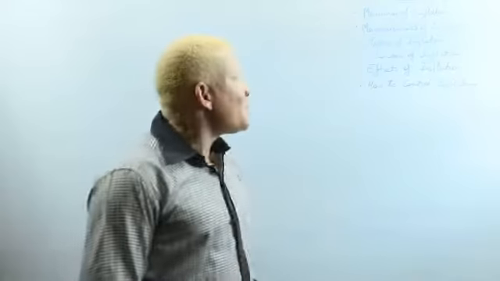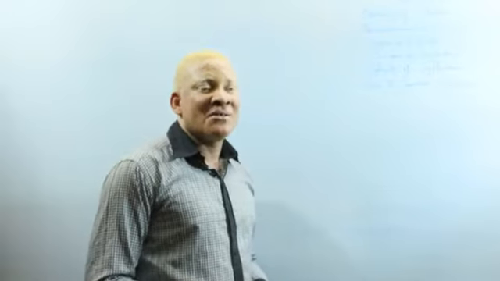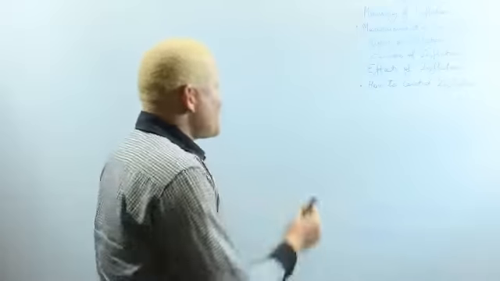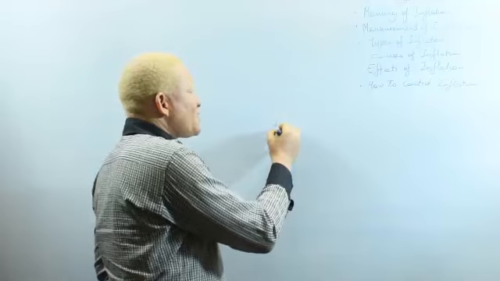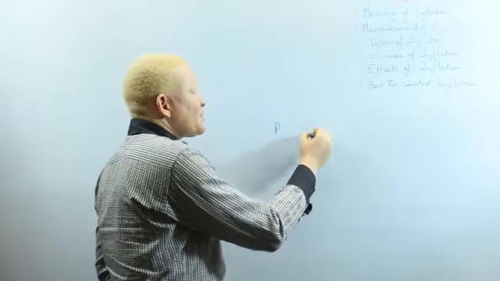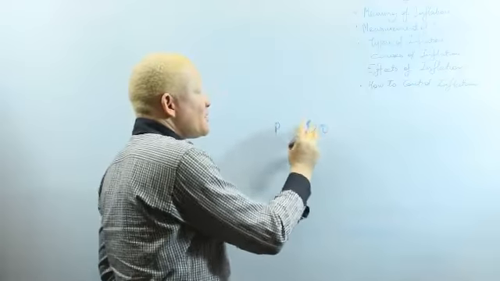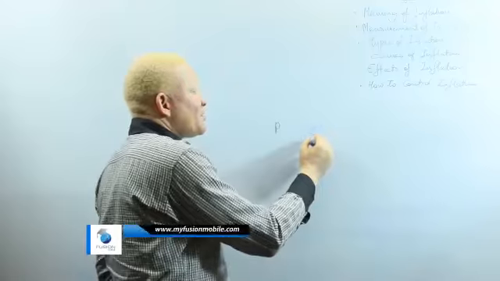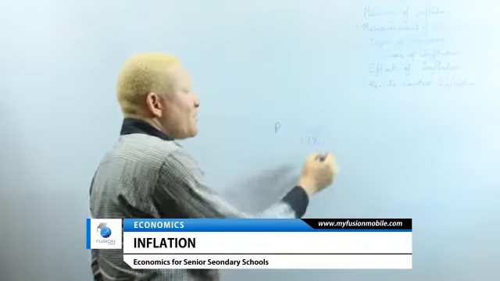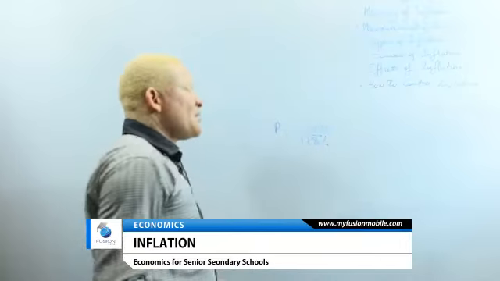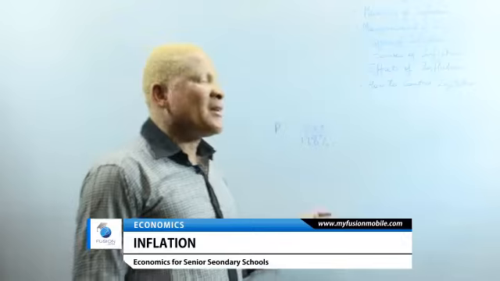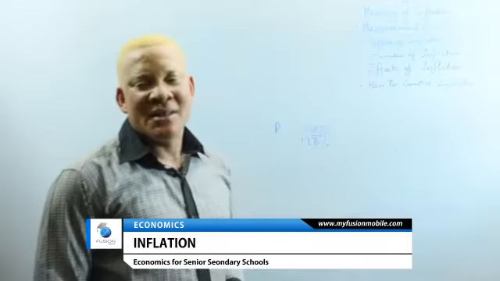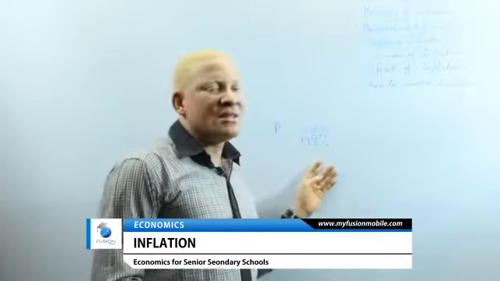Because inflation talks about percentage increases, when we have a price index of 128%, it means that with a particular base of 100%, there's an inflation of 28%.